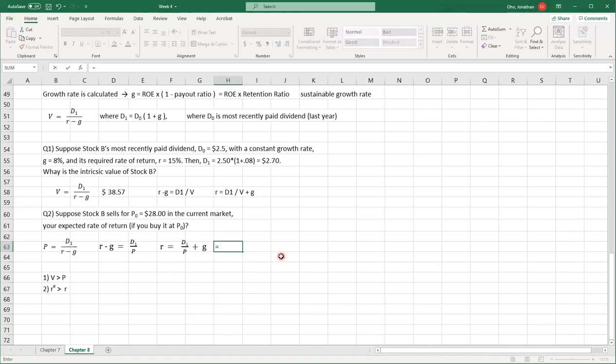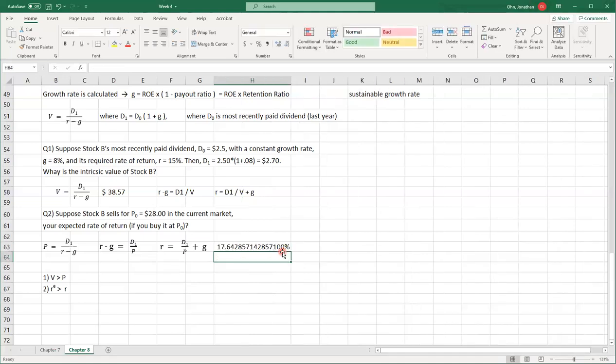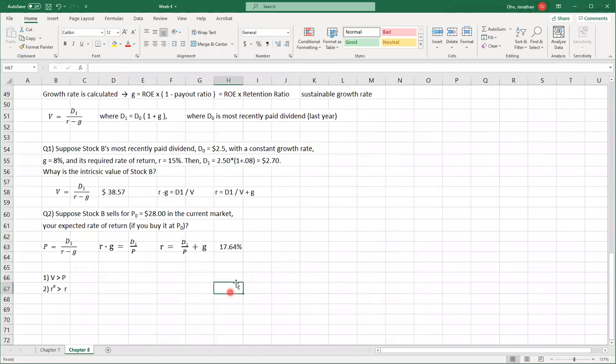So let's do it. D1 is $2.70 divided by $28 plus growth rate of 8%. That's how you calculate the expected return. To be correct, this one should be expected.